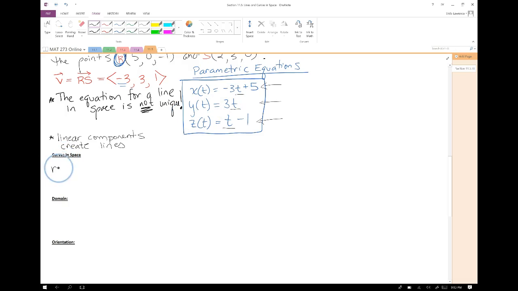We really could have something that truly does curve, and the setup is exactly the same. We're just not restricted to linear functions for these components. So it's still a vector-valued function where each of our components is a function of t, but they are not necessarily linear.